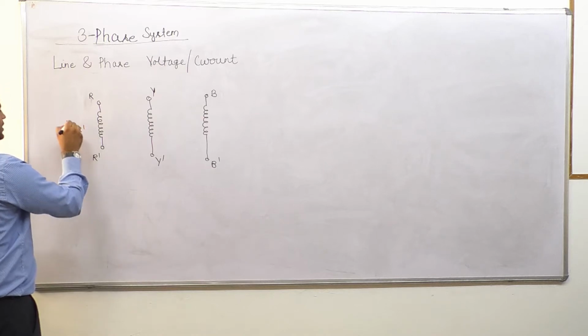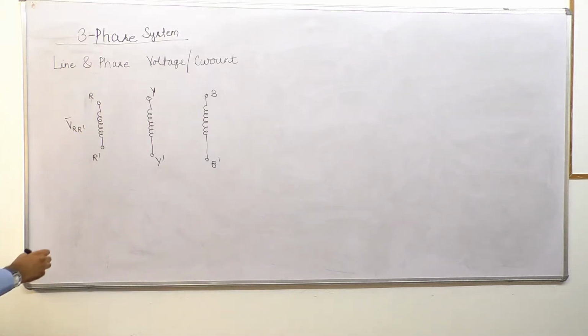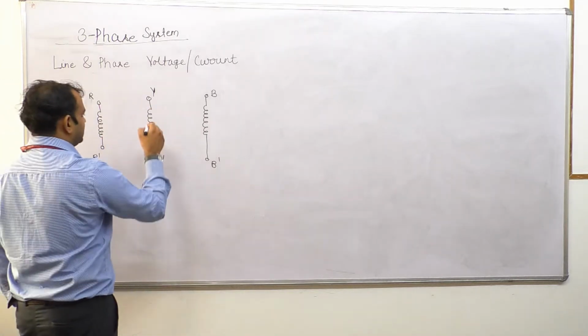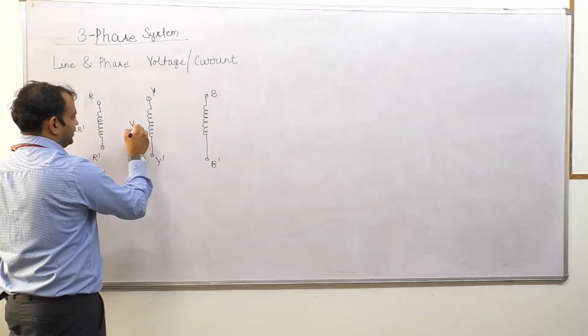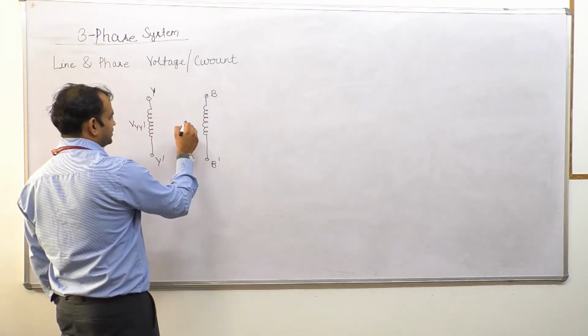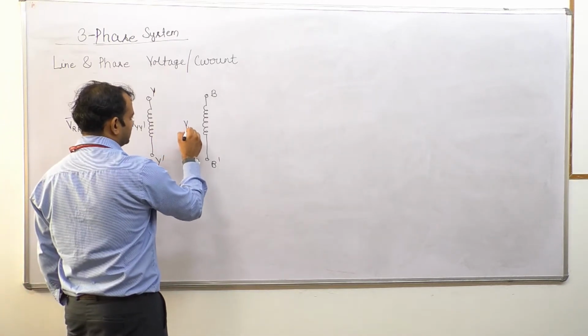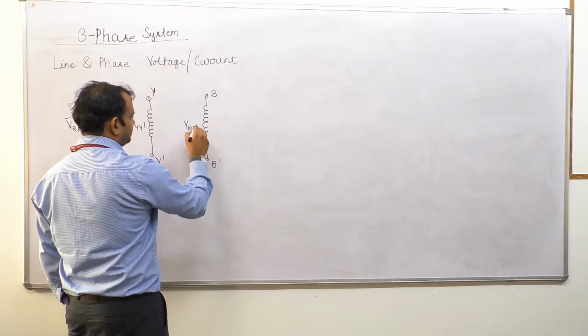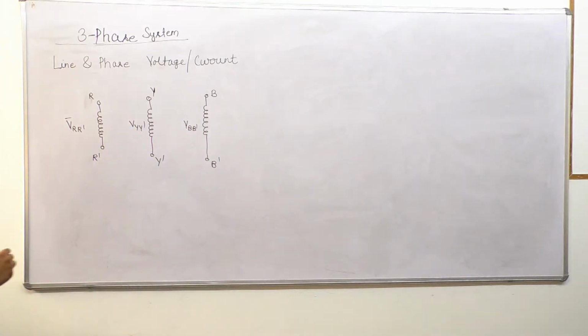V R R dash, and that is a vector quantity. So we can say V Y Y dash, and voltage across this B phase, V B B dash.